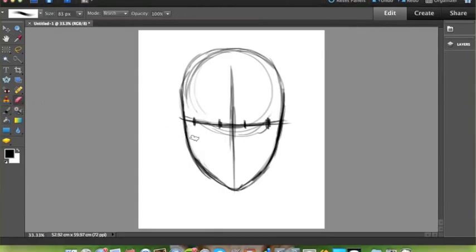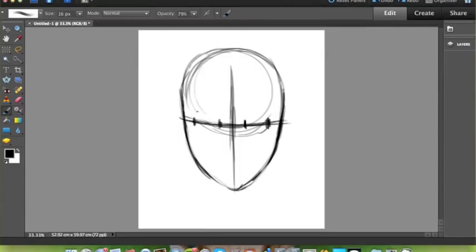This is what we're talking about, the rule of the perfect human being. I don't believe one will ever exist, but there is a theory that if there was a perfect human being, there was a certain way that their face would be structured and their body. So that's what we're working around here. Okay, so you've got your proportions for your eyes.